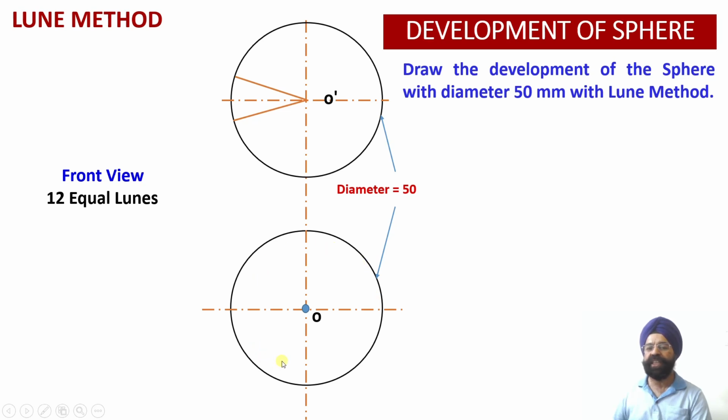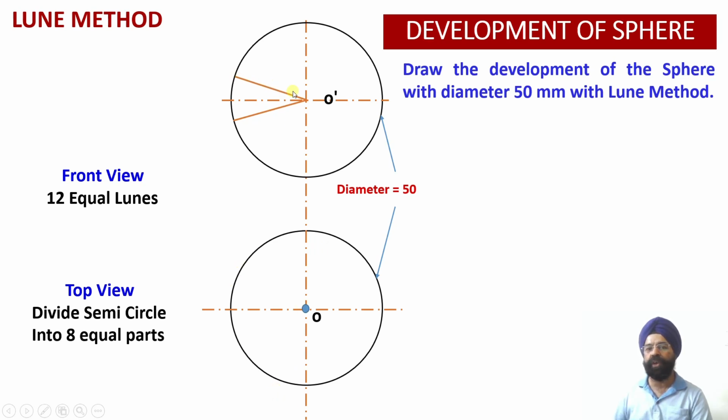But since I am going to require more projections in order to obtain a more appropriate shape of the lune, I am going to divide this half of the circle into how many parts? 16 parts. That is 8 number of segments I am going to get over here. So 8 on this side, and on the other side another 8 will be there. I am dividing this circle or the top view into 16 equal parts.